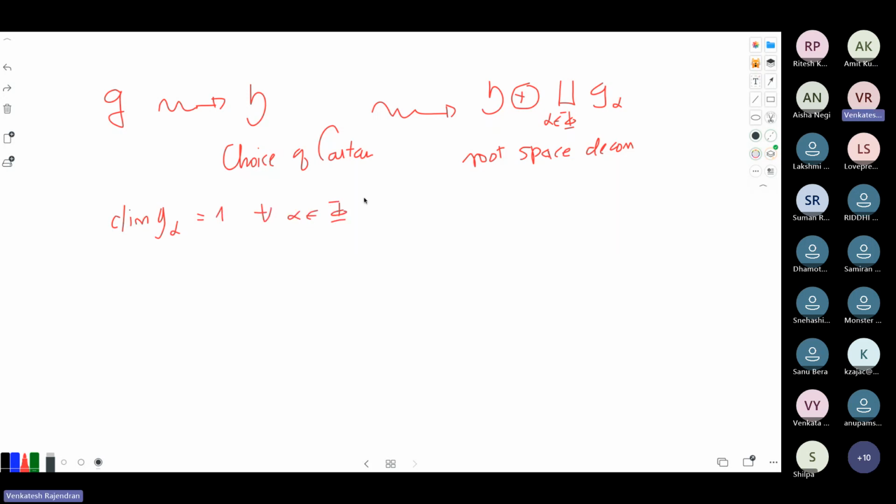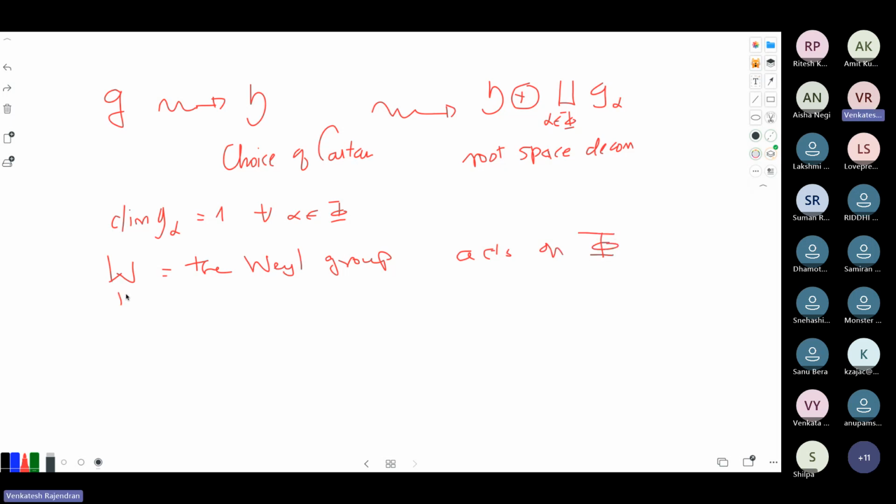Okay. There is a very, very important object beneath all this. You have the root system. Behind the root system, you have the Weyl group. In some sense, giving the root system and giving the Weyl group are the same data. The Weyl group acts on it.